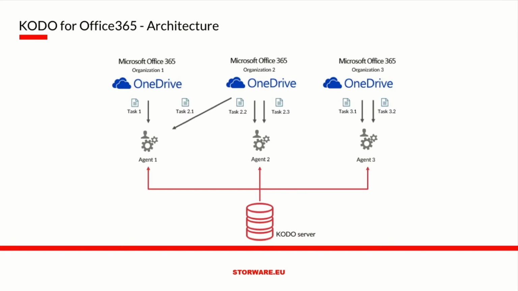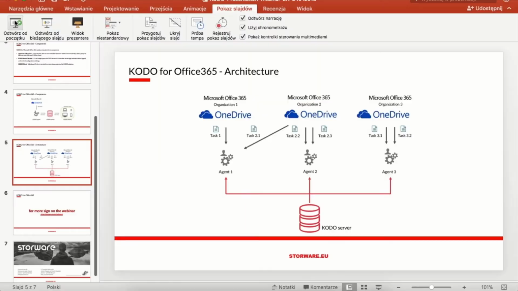In the next few minutes, I will show the management portal. I will show how to add our Office organization to KODO, how to perform backup, how to manage this backup. I will also show the client for Windows, how to restore data, how KODO client works, and what we can achieve.